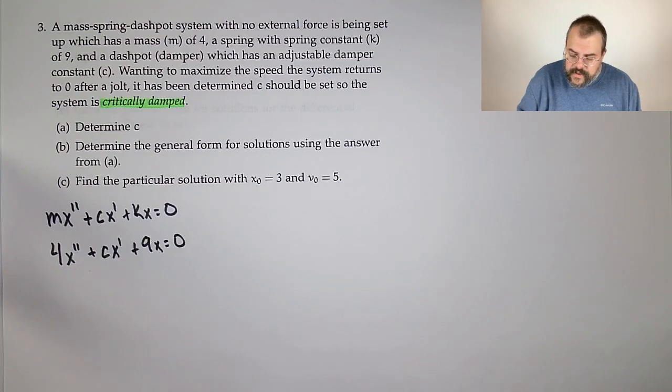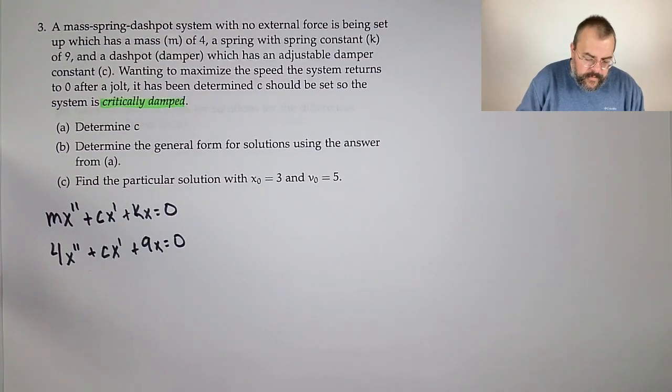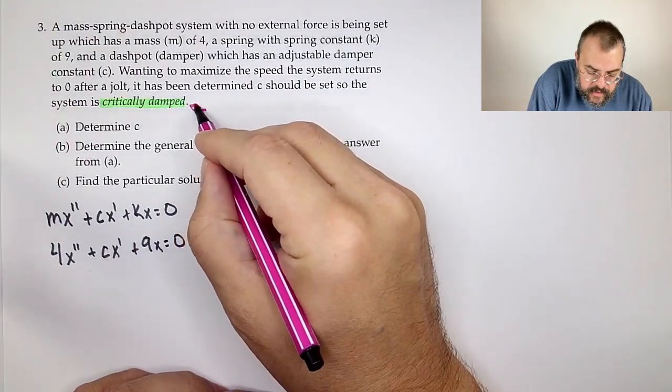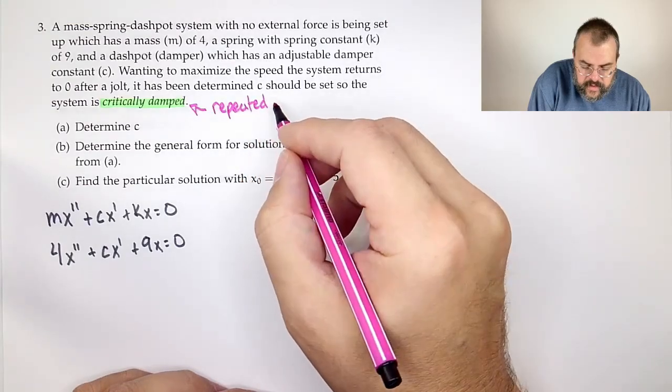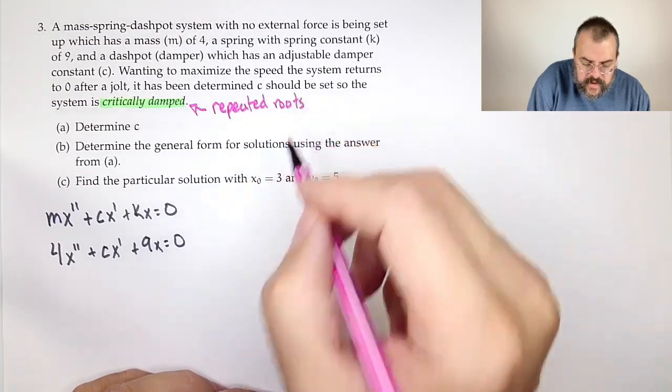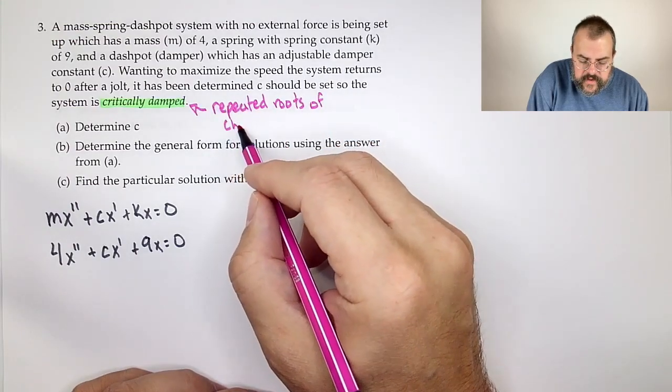And so the key here is that critically damped is repeated roots. So that's what critically damped is. So repeated roots of the characteristic polynomial.